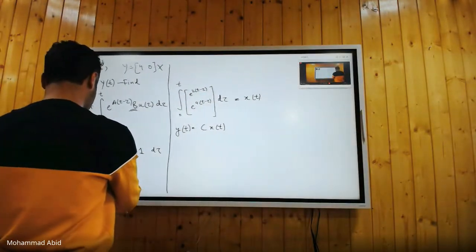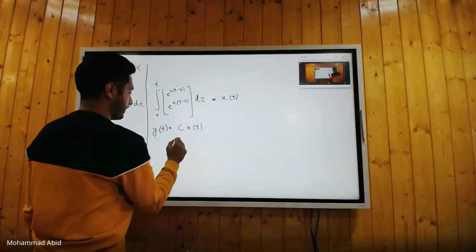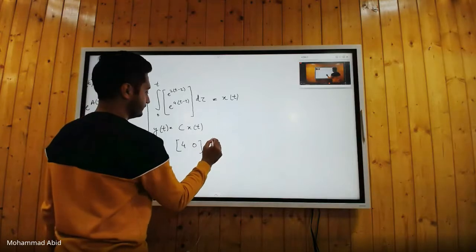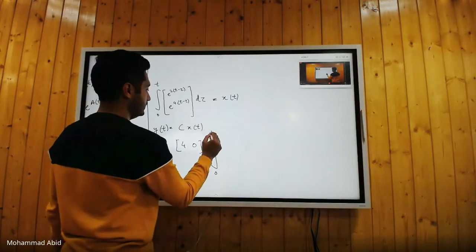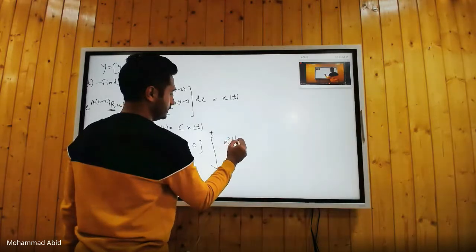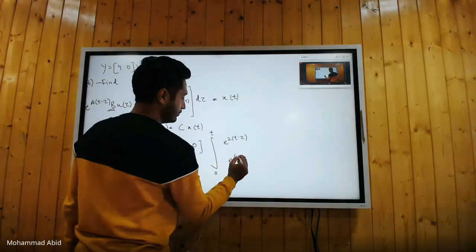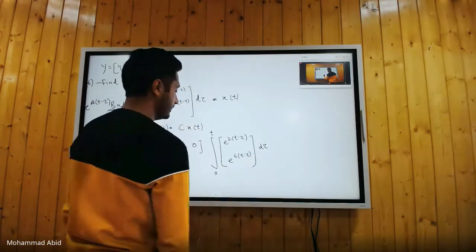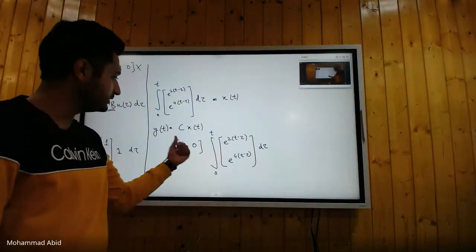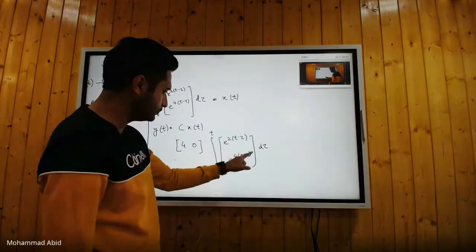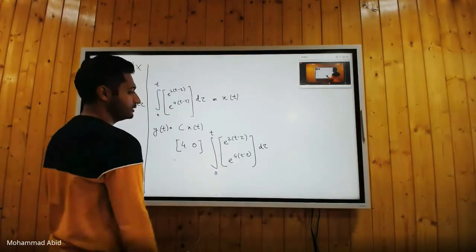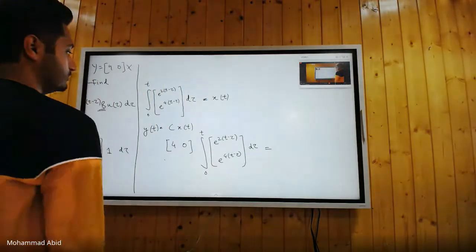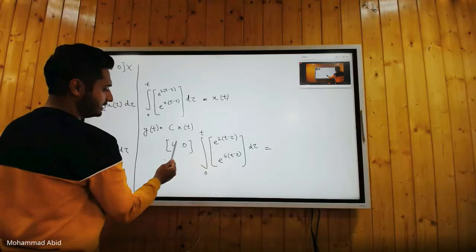C is given in the question. Yes, it is 4, 0, times this thing: the integral from 0 to t of e to the power 2(t minus tau), e to the power 4(t minus tau), d tau. Tau is a variable here. So again, one entry is 0. That gives an advantage that we don't have to evaluate this term. We are only interested in e to the power 2(t minus tau), and whatever comes, it will be multiplied by 4.